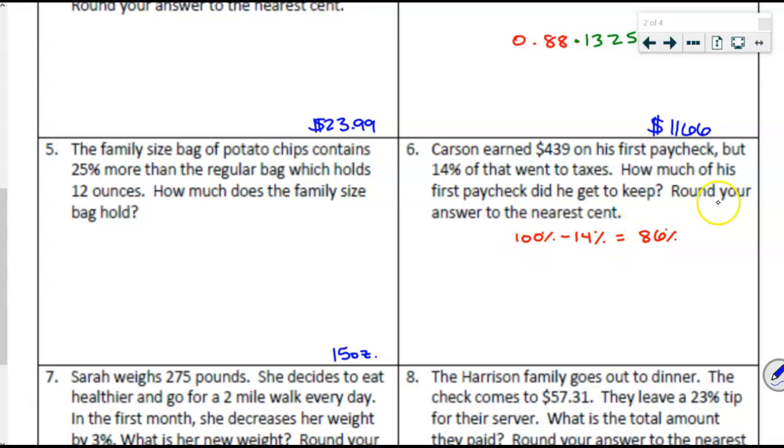And so we are going to have that 439 multiplied by the 0.86. And that is going to give me the amount that he actually gets on his paycheck, what he actually gets to take home. And that is $377.54. How do you guys feel about that?